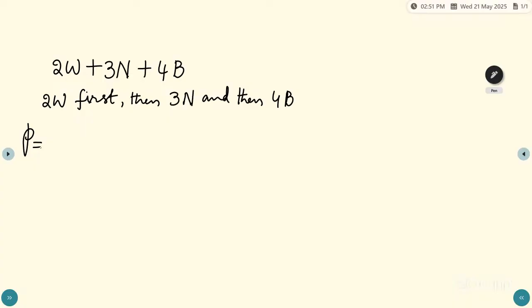Totally, how many are there? 9. Choose one. Now the first one must be only one, that should be a washer. How many washers? Choose one out of 2 washers, and multiplication.